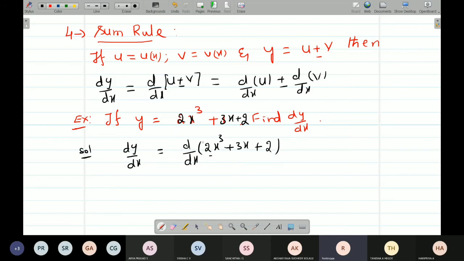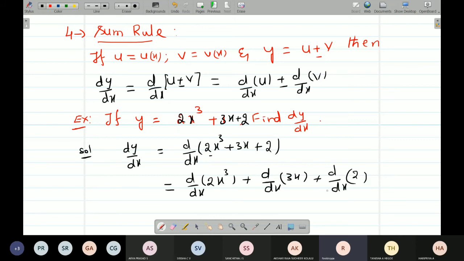According to the sum rule, if you have a sum of two or more functions, you have to apply the differentiation to every term. So this is equal to d by dx of 2x cube plus d by dx of 3x plus d by dx of 2.